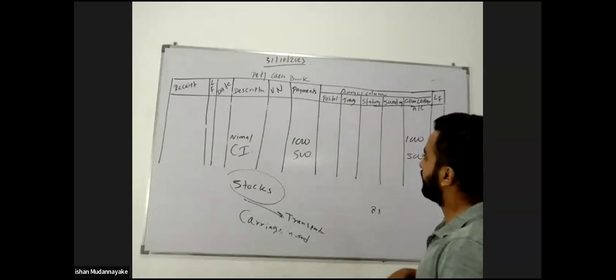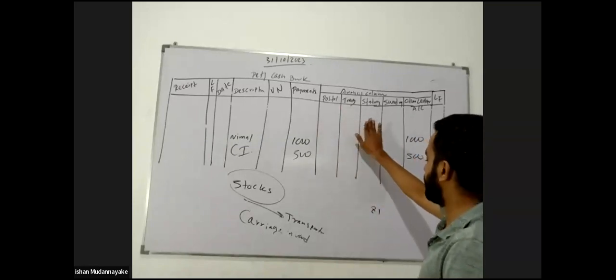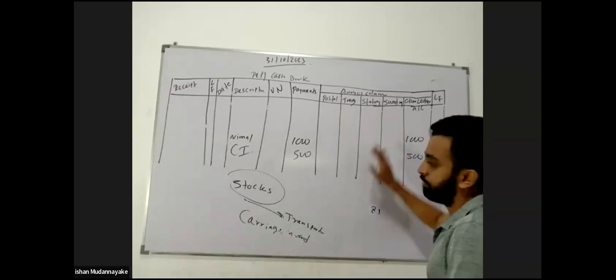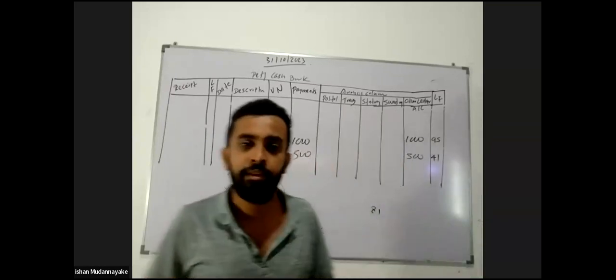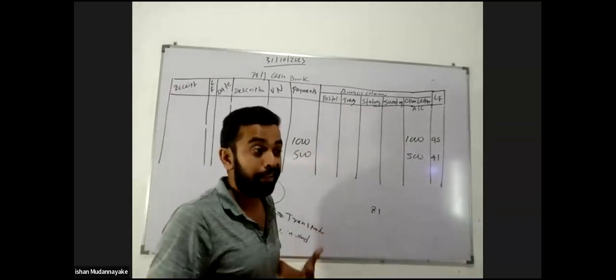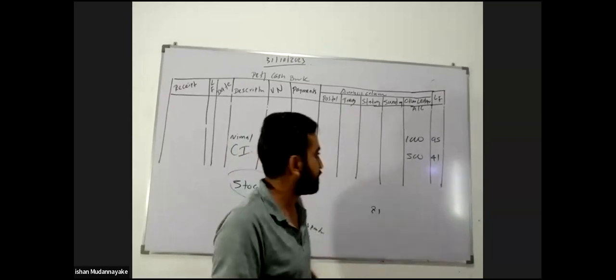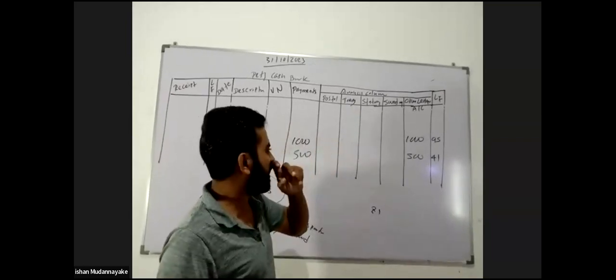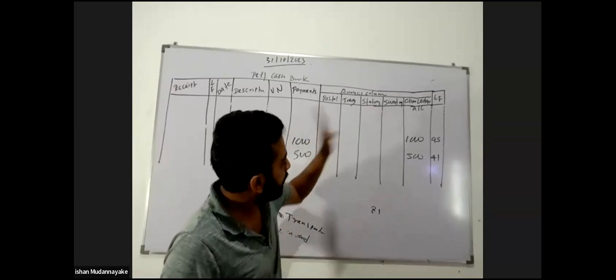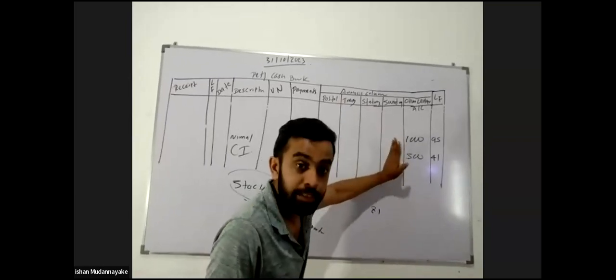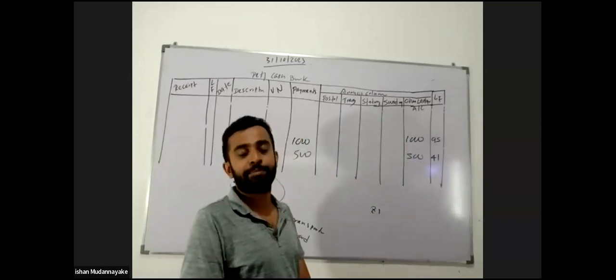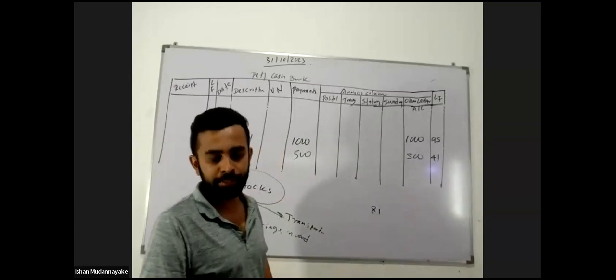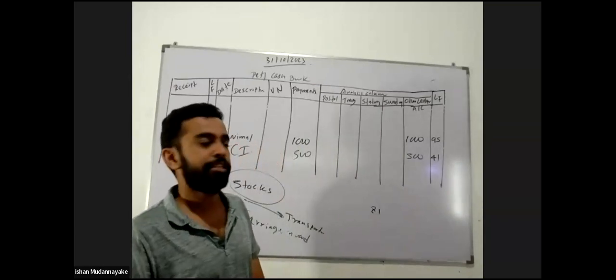Here I have categorized it as postal, traveling, stationery, and then sundry. Small petty cash expenses that we can't categorize into postal, traveling, stationery, or some other item, we can record in the sundry line, sundry or miscellaneous expenses.